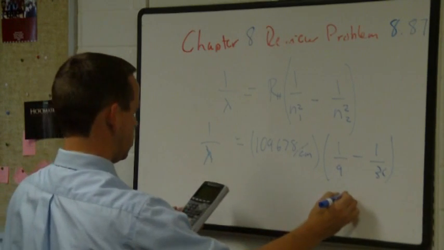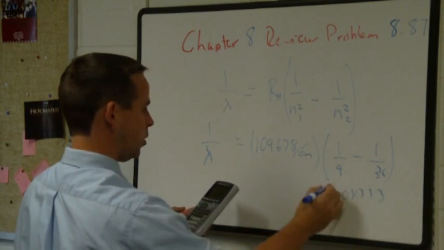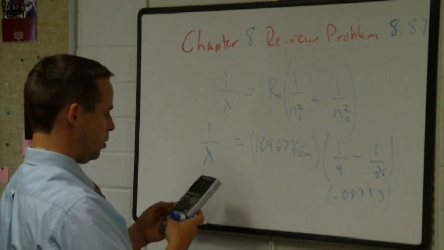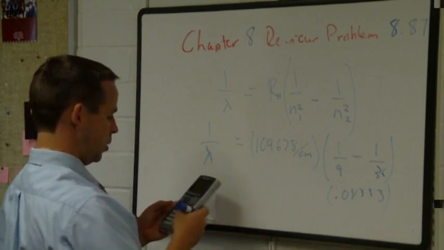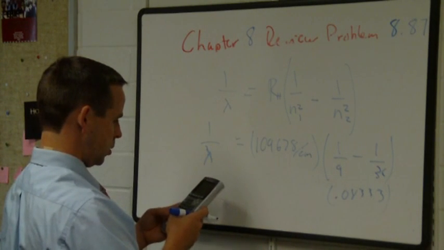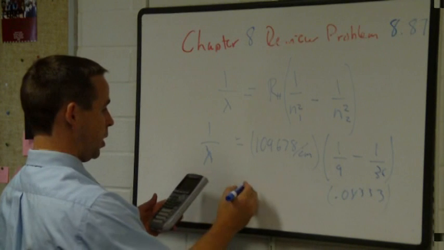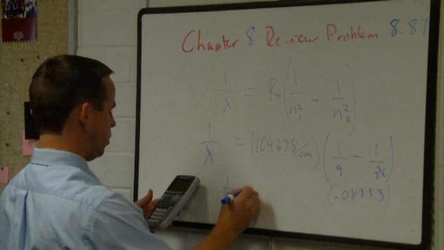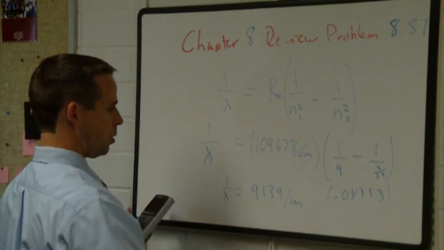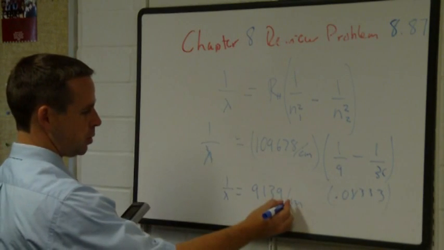1 over 9 minus 1 over 36. Okay, so this is 0.08333. Multiply that number by 109,678. So I'm getting 1 over the wavelength equals 9139. So this is per centimeter, we're in centimeters.